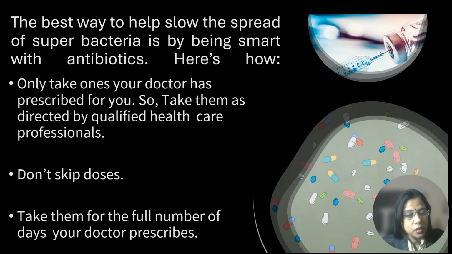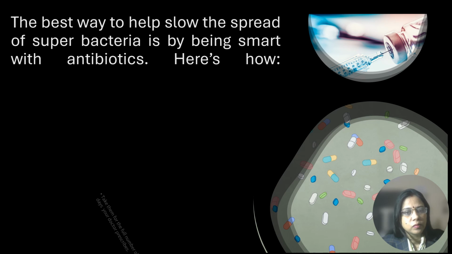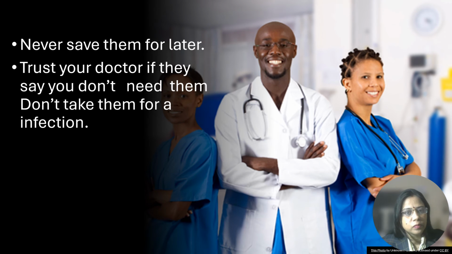Don't skip doses. Take them for the full number of days your doctor prescribes. Never save them for later. Trust your doctor. If they say you don't need them, don't take them for an infection.